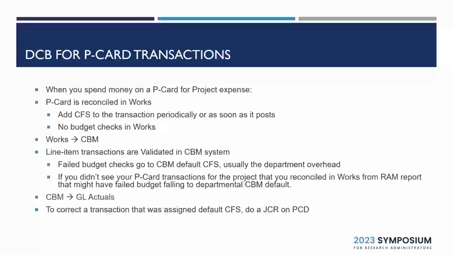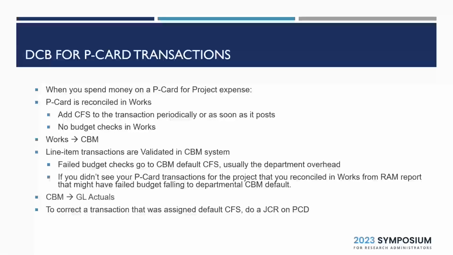Let's talk about some DCB for PCAR transactions. When you spend money on a PCAR for a project, you reconcile the transaction in the Bank of America Works system. You put charges to your project chart field string as soon as the transaction posts there. But there is no budget check in the Bank of America Works system.